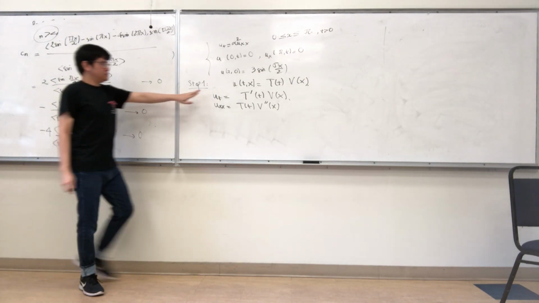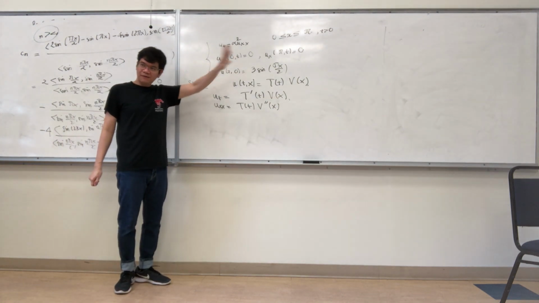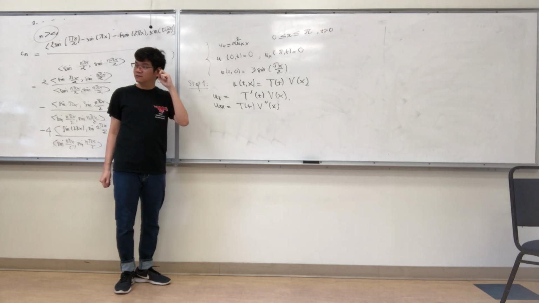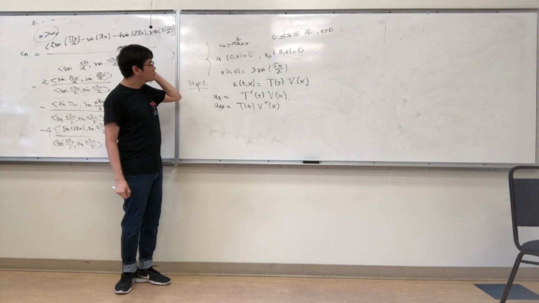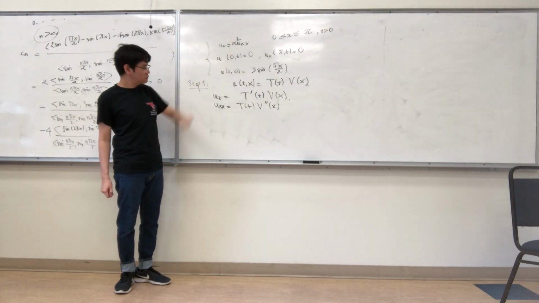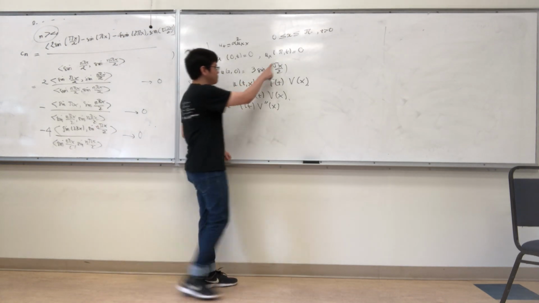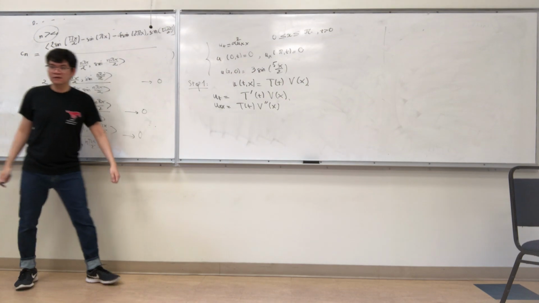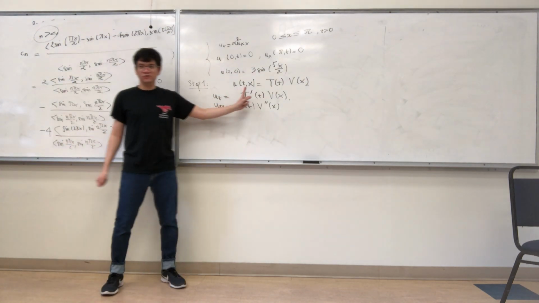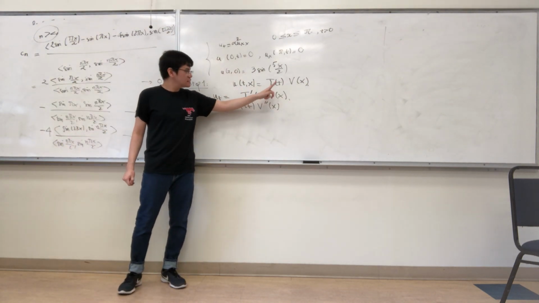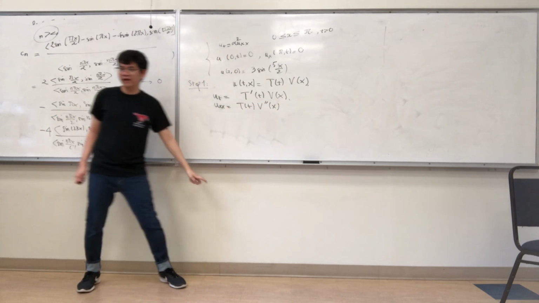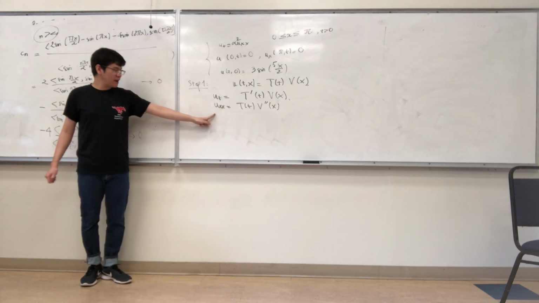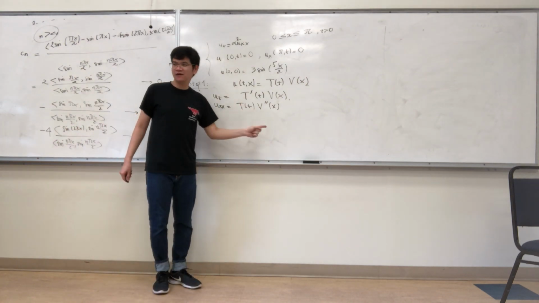So I explain again. The first step is always to suppose that u(x,t) is T(t) times V(x), all right? So ut will be T prime times V(x), and uxx will be T(t) times V second of x.